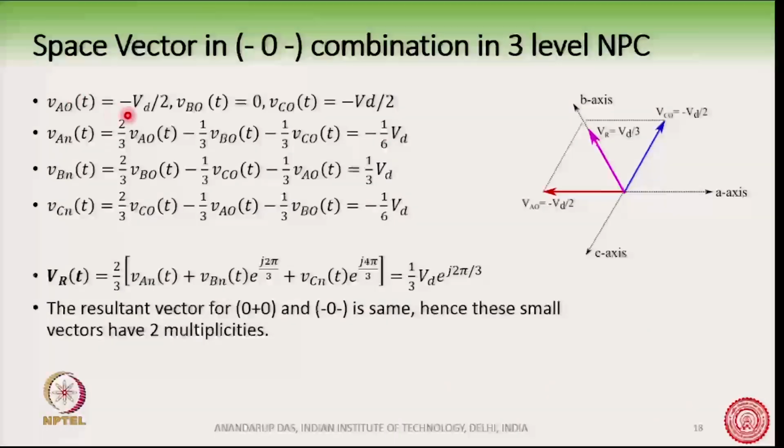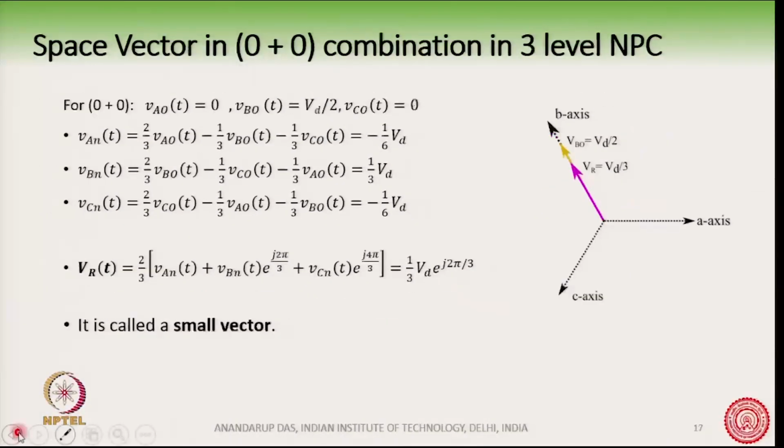Suppose it is the minus 0 minus combination. You put VAOT as minus Vd by 2, VBOT as 0 and VCOT also as minus Vd by 2, and then you can find VANT again like this, and then VRT, the resultant space vector, as 1/3 Vd e to the power j 2 pi by 3.